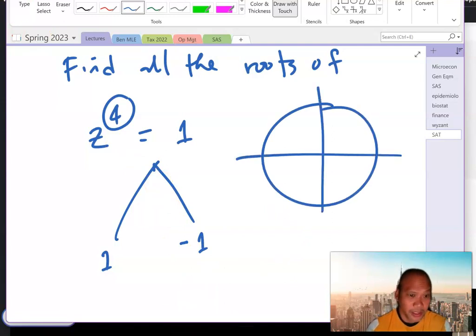So look at your unit circle. z to the 4th is equal to 1. So 1 will be here.